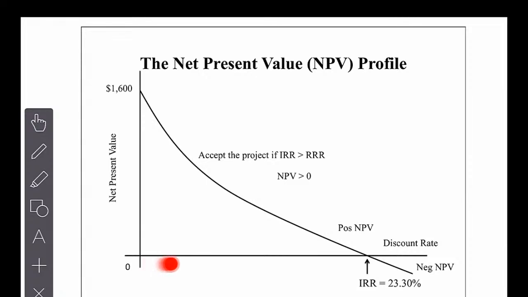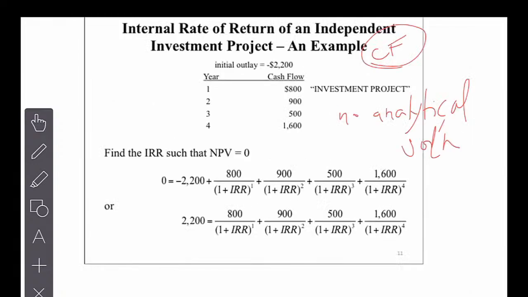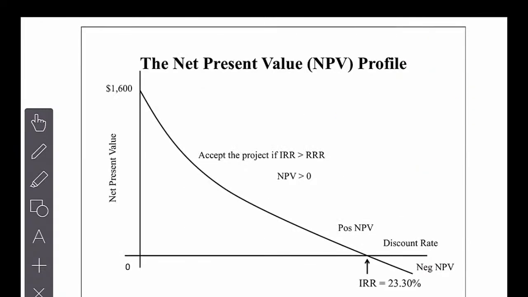So a higher discount rate reduces the present value of future cash flows, making it less likely to offset the initial investment of $2,200. So it's a $2,200 investment offset by those cash flows with no discount rate, and then when I increase the discount rate, I'm reducing the value of those future cash flows.